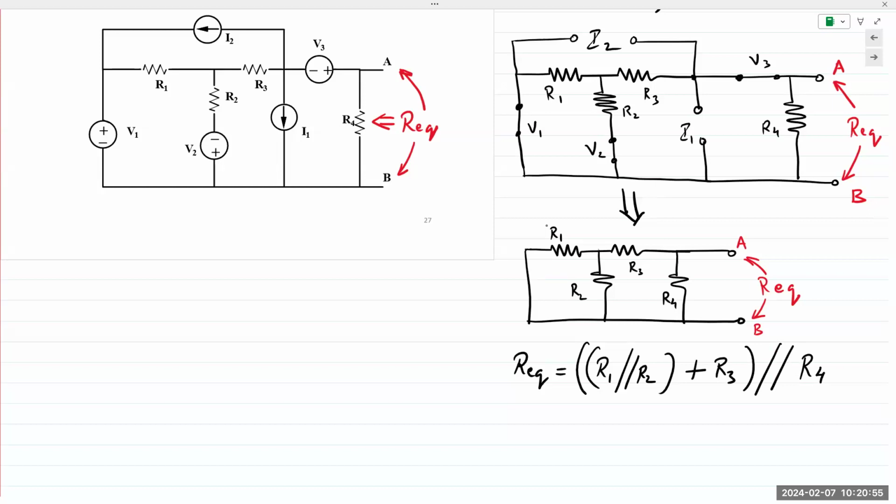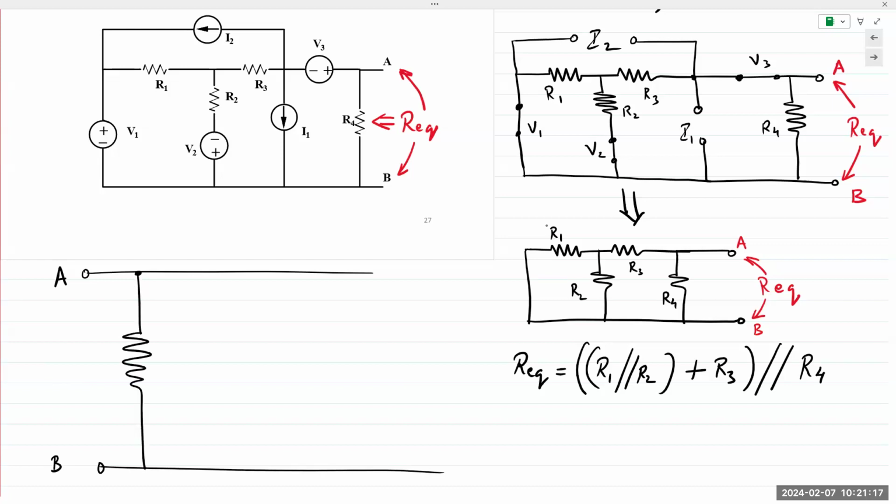Okay. I will also draw it out with the other method I had explained, which is you have A and B. Let's draw it out this way. If we start from A and B, the first thing is I have R4 between A and B. Let's finish this.